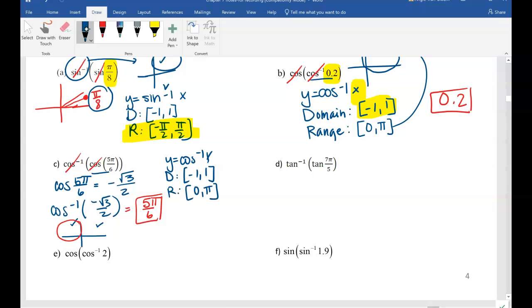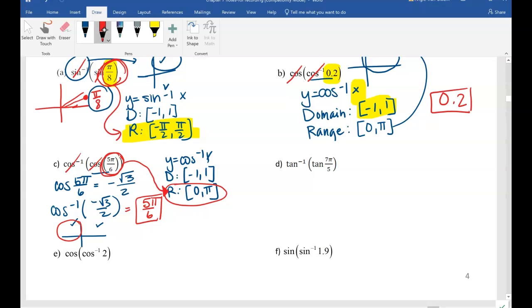Now earlier in part A, remember I talked to you about pi over 8 being in the range, and this is why. 5 pi over 6 in C is the range of the outer component. So since 5 pi over 6 is in between 0 and pi, that's why you are allowed to cancel out the cosine inverse and cosine.